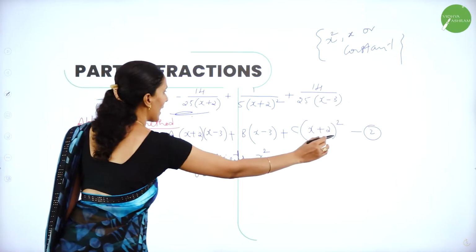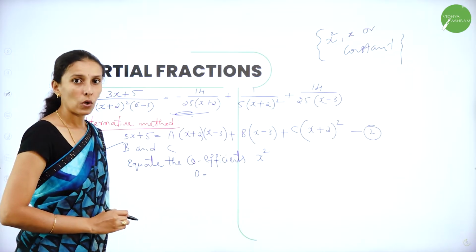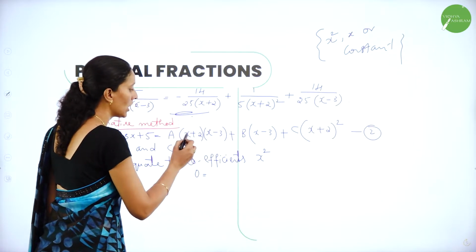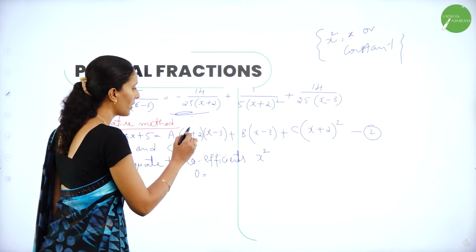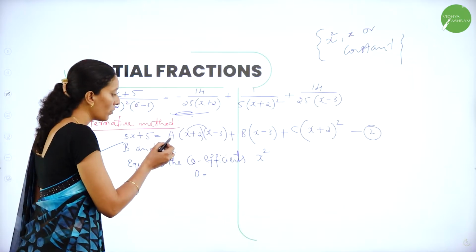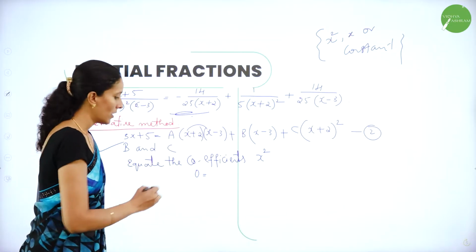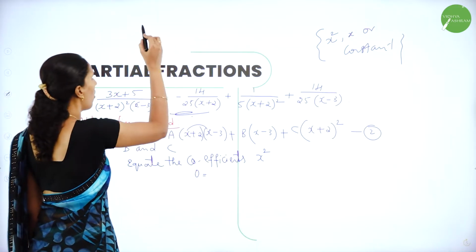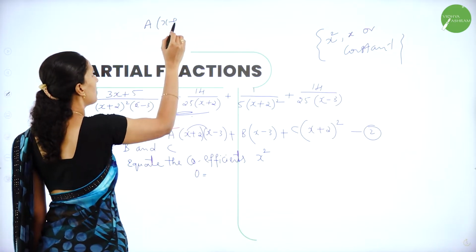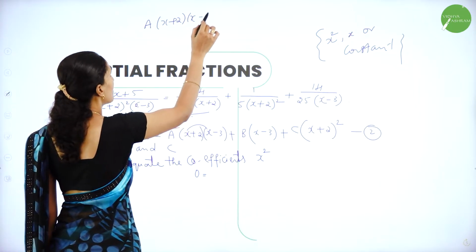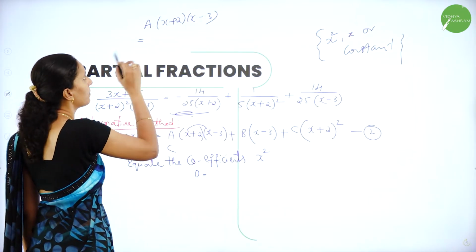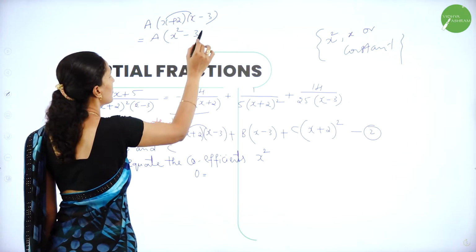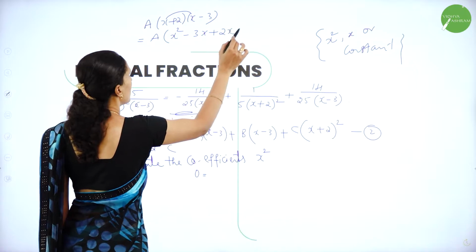On the right hand side, you can find the coefficient of x square, because when you multiply this, x into x is x square. So you have a coefficient for a. When you multiply a into x plus 2, x minus 3, you can write it as a into x square minus 3x plus 2x minus 6.